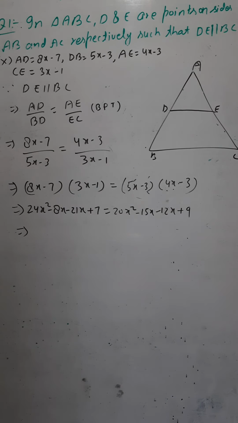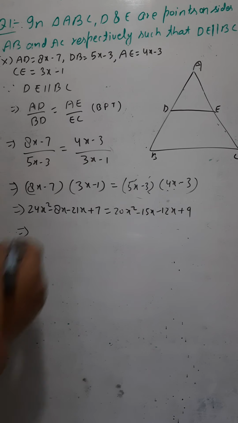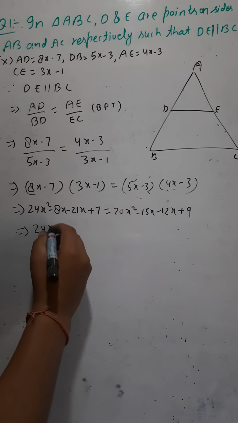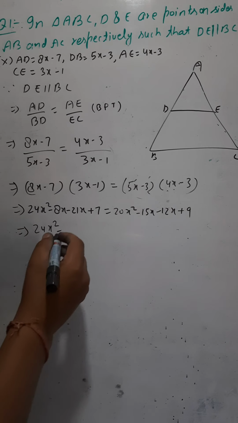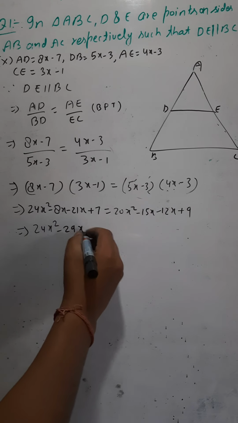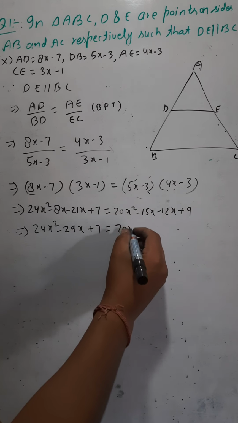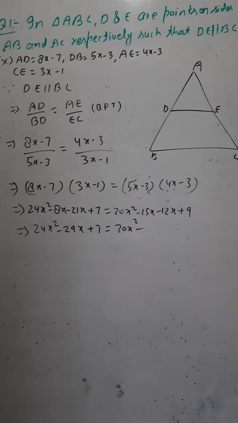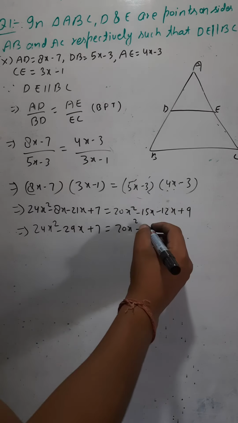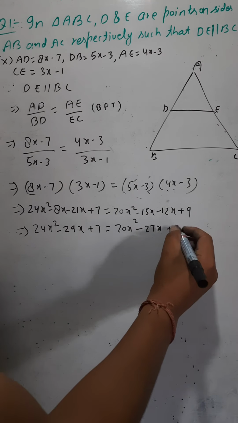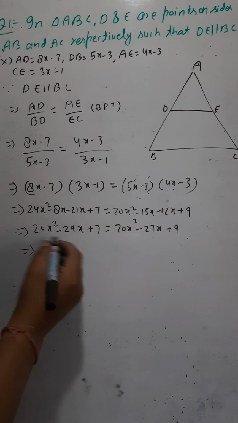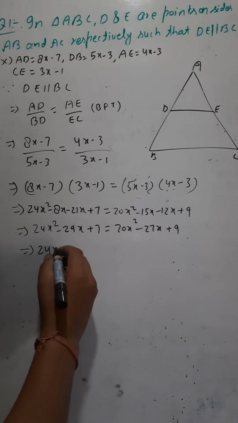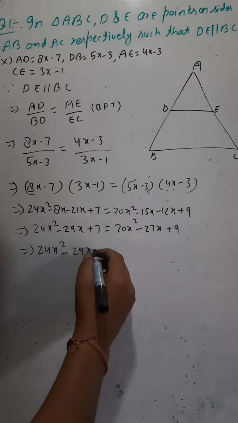Okay. Now just solve this. It would be 24x square minus 8 minus 21 would be minus 29x plus 7 would be equal to 20x square minus 27x plus 9. Now all would come here. So it would be 24x square minus 29x plus 7.